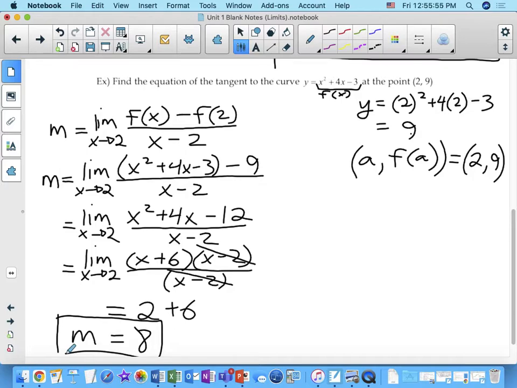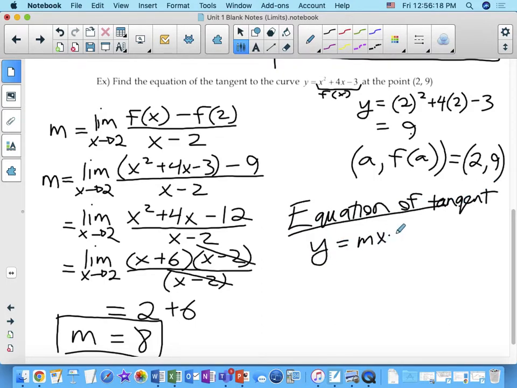Okay. Now we're not done yet, though, because we were asked for the equation of the tangent line at that specific point. So to get the equation of the tangent line, we have to remember y equals mx plus b.